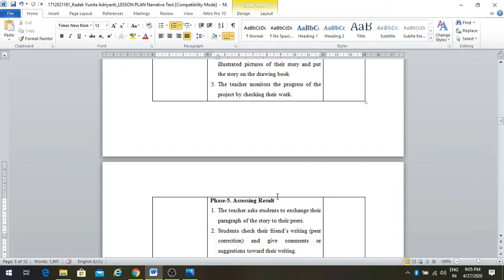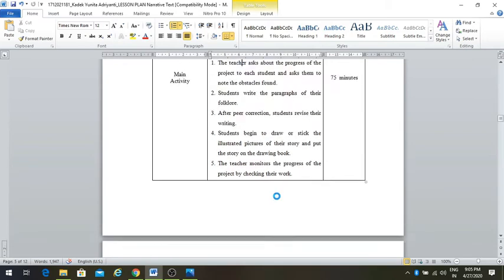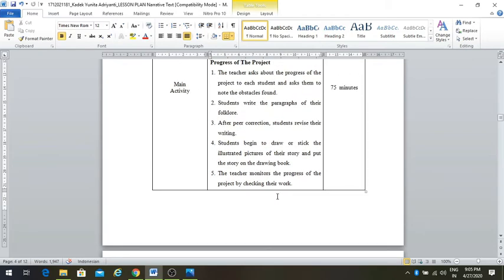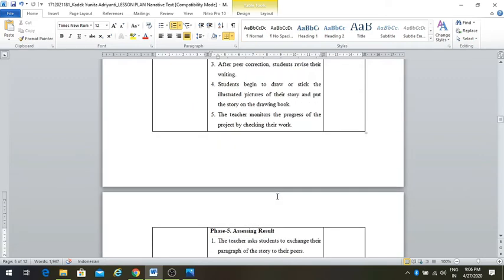So after they continue writing the paragraphs of their folklore story, the story will be exchanged with their peers in the fifth phase.